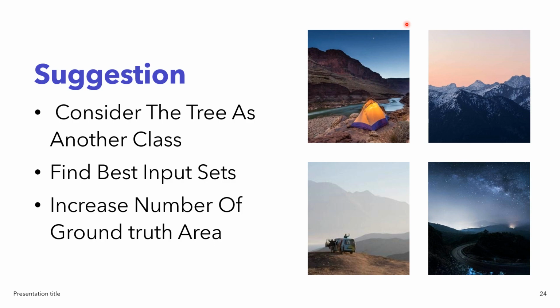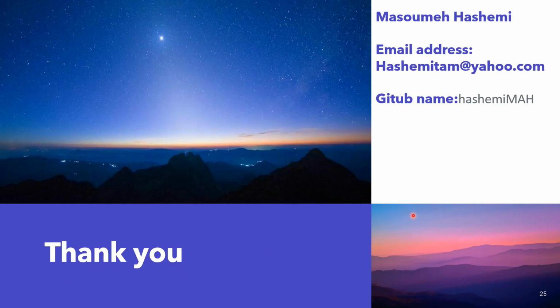It's good to try to find the best one that provides the most accurate map for us. Also, increase the number of ground truth areas or the training data set. Here I just considered three polygons for each class, so we can consider more than three to help the model classify the area of interest better.